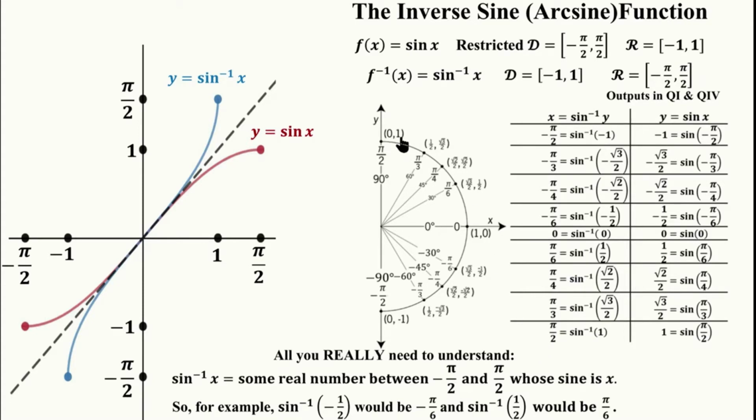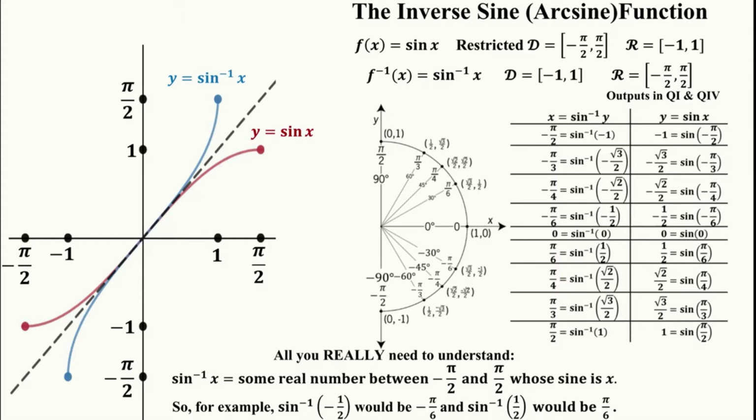So if somebody said to you, what is the inverse sine of 1? they're asking you what angle between negative pi over 2 and pi over 2, inclusive, of course, that means including negative pi over 2 and pi over 2, has a sine of 1. And of course, you know that that would be the angle pi over 2 itself. So that's how you calculate these inverse sine values.